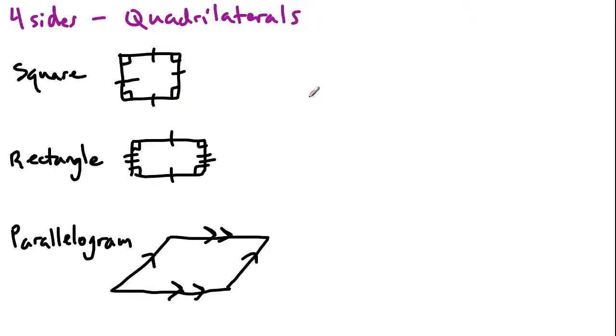Next up, we have a rhombus. Okay, and a rhombus is equilateral, but not necessarily equiangular. Right, so let me exaggerate that a little bit more. A rhombus could look something like this.